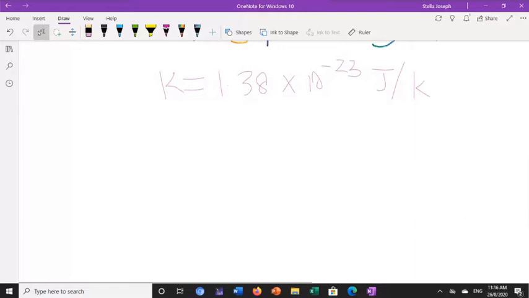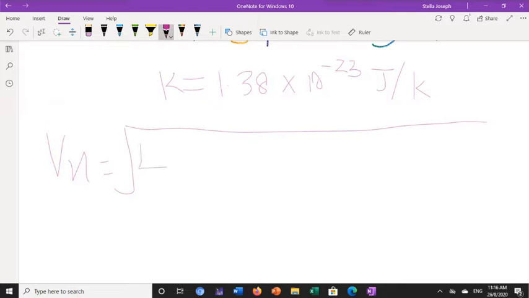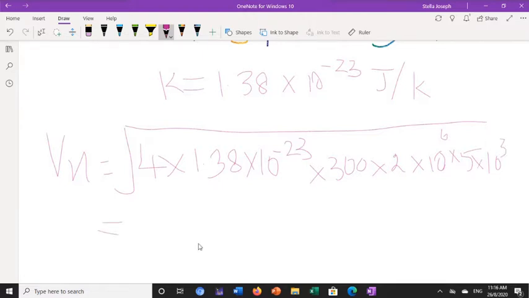Vn is equal to root of 4 into k, 1.38 into 10 power minus 23, into T, 300 Kelvin, into the bandwidth, 2 megahertz, that is 2 into 10 power 6 hertz, into R. What is the R value? 5 kilo ohm, that is 5 into 10 power 3. Now calculate and tell me what value you are getting.